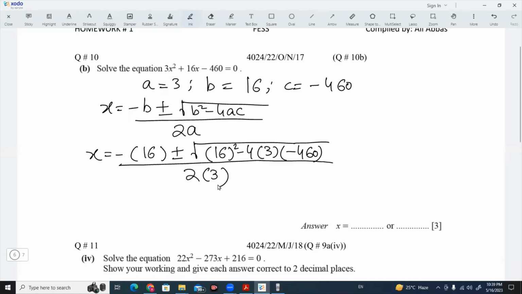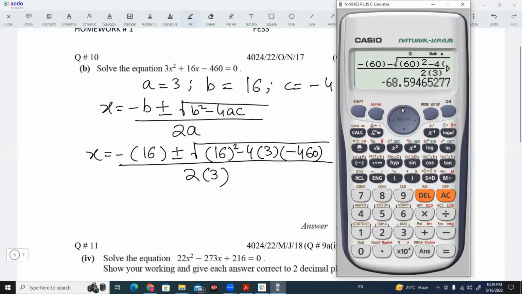So putting these values into the calculator, you will have two answers. The value of c in this case is changed, a is the same, so I'm changing the value to 460. Similarly, a is the same, b is 16.